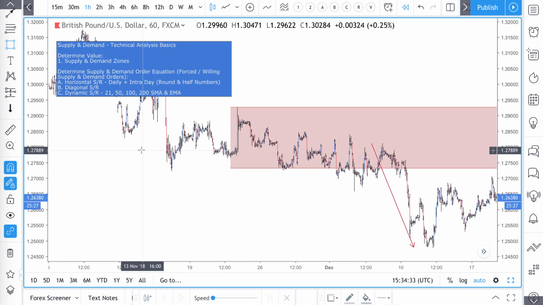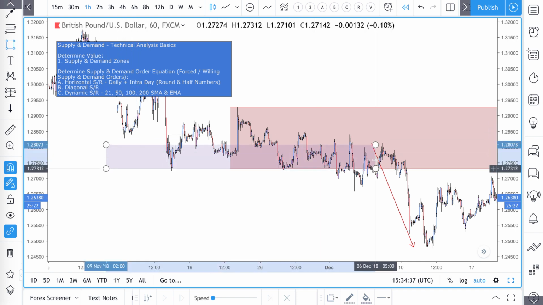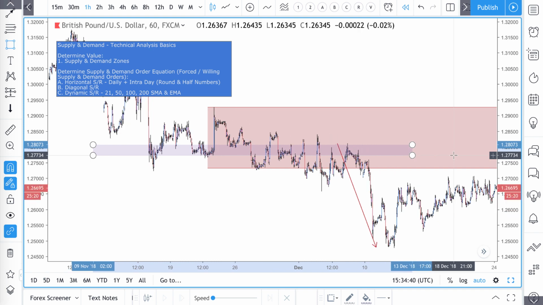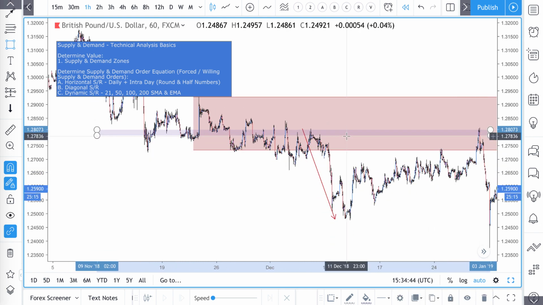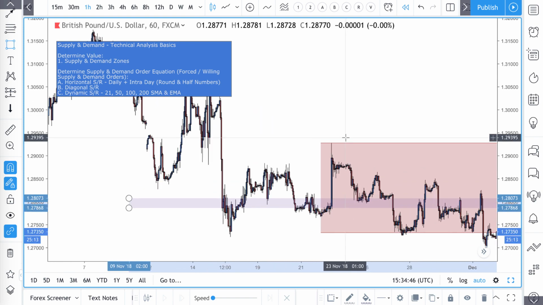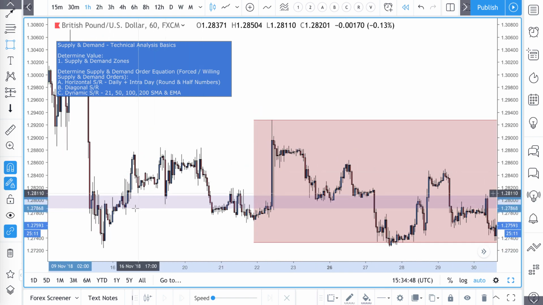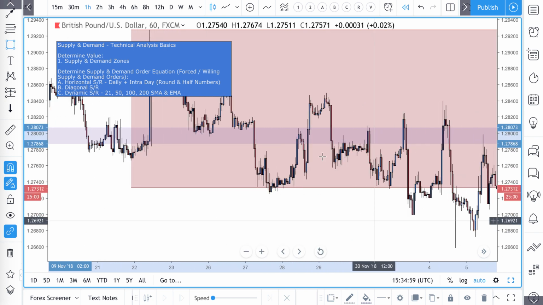One that sticks out to me at the moment is this level here. As we zoom in, you've got a level of resistance, resistance, resistance. Some support here, resistance, resistance, support, support. Zoom over, resistance, resistance, resistance.